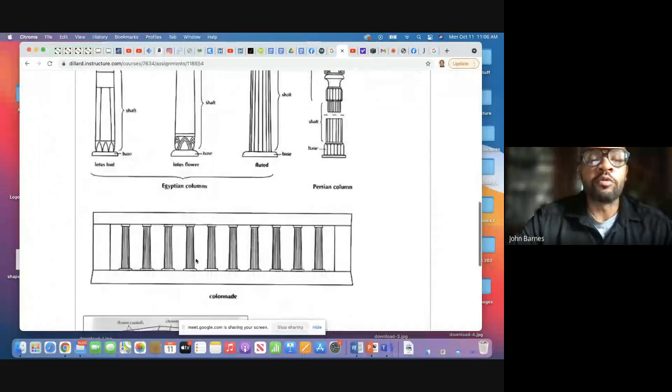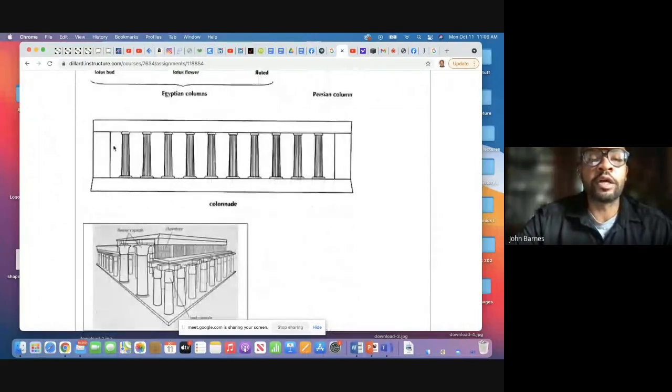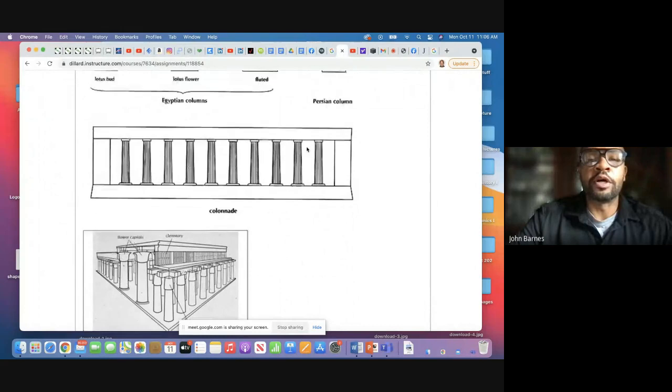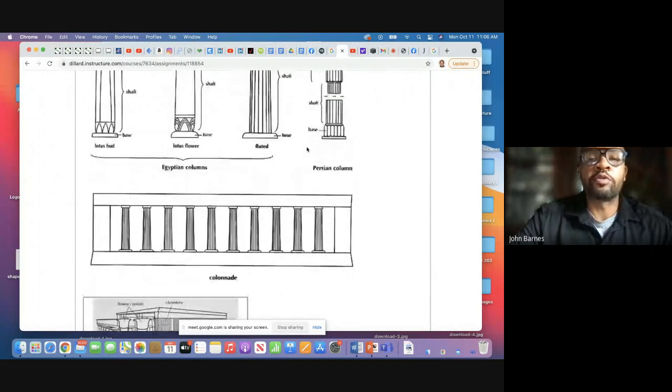Okay, so when we looked at that image of Queen Hatshepsut's burial chamber, we saw a series of columns. These columns are called colonnades. These are groupings of columns used to support weight of structures.